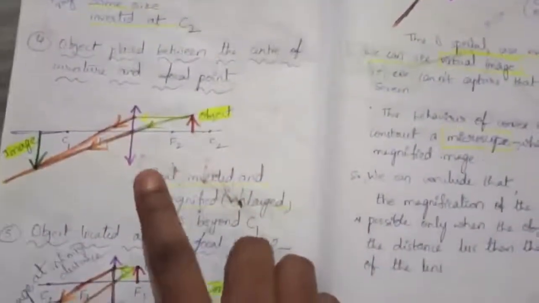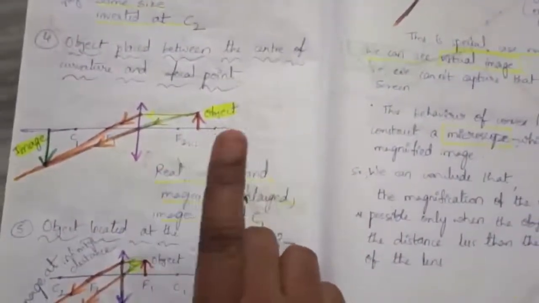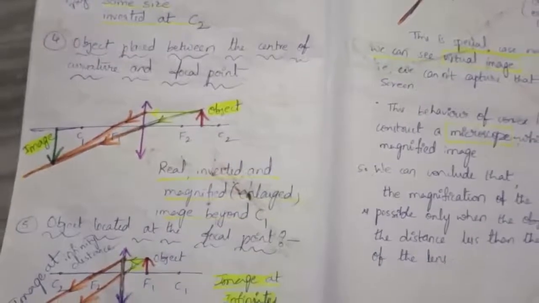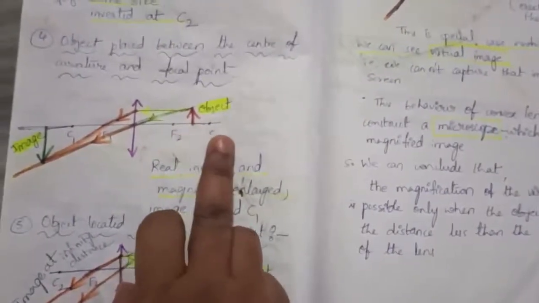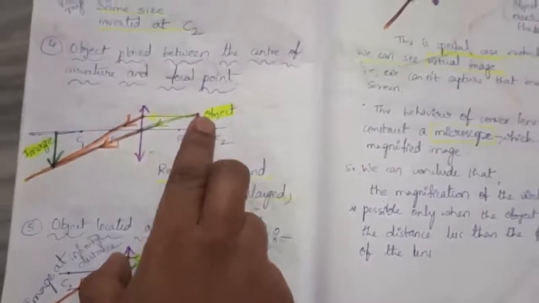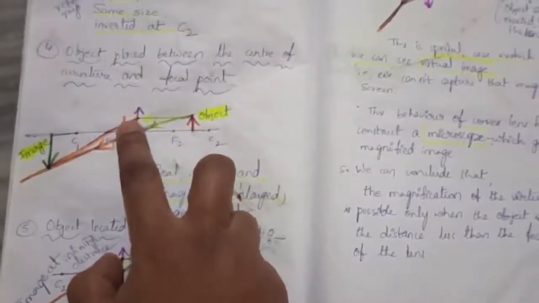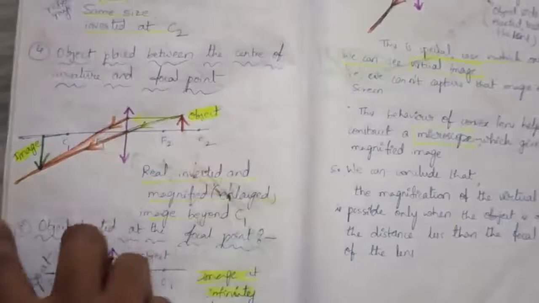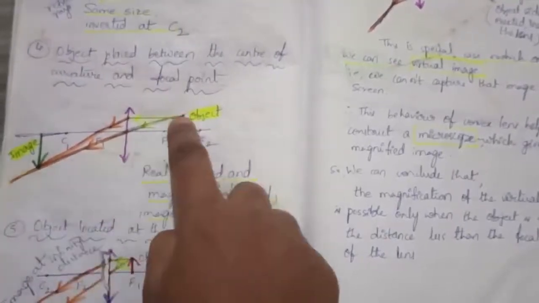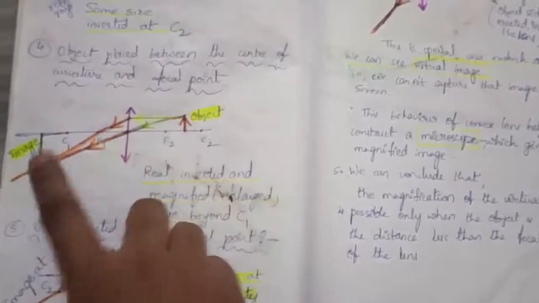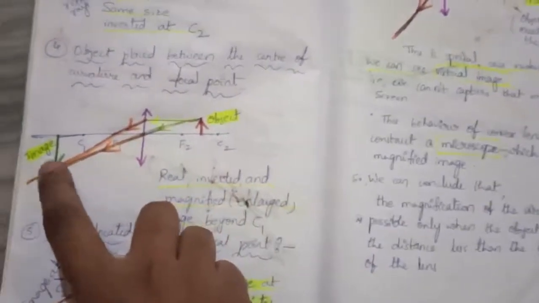And coming to the object placed between the center of curvature and focal length. Here I am taking the object between F1 and C1, and the ray which is parallel to the principal axis will deviate through the focus, and the ray through the optic center will not be deviated. Here we got a point of intersection.